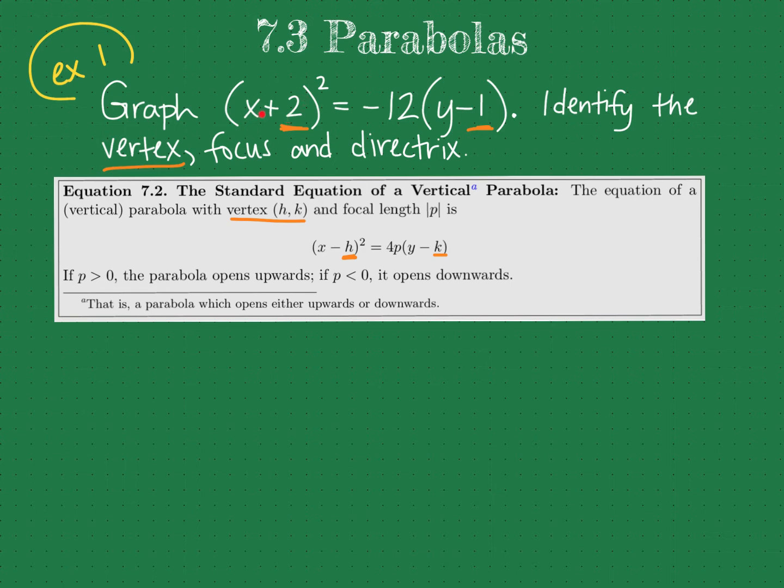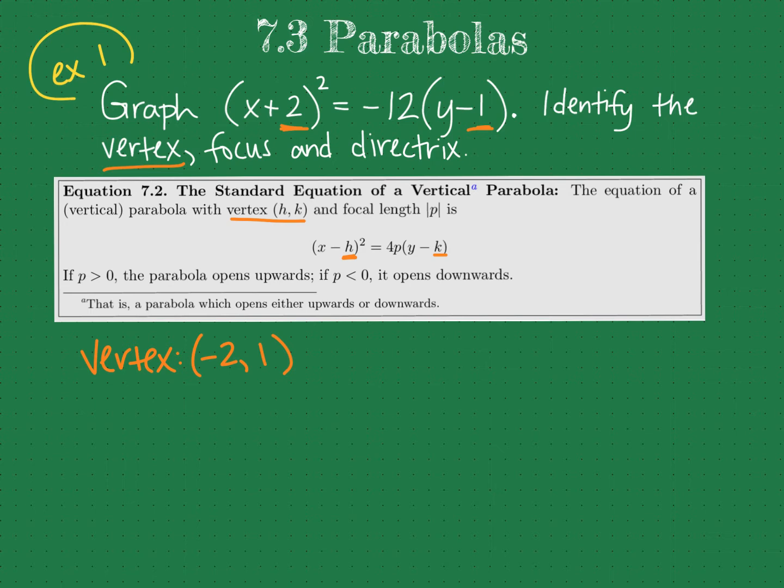This is really x minus negative 2, so our h value is negative 2. Then if we take a look at our y, we have y minus 1, so our k value is just positive 1. So our vertex is at the coordinate point (negative 2, 1).